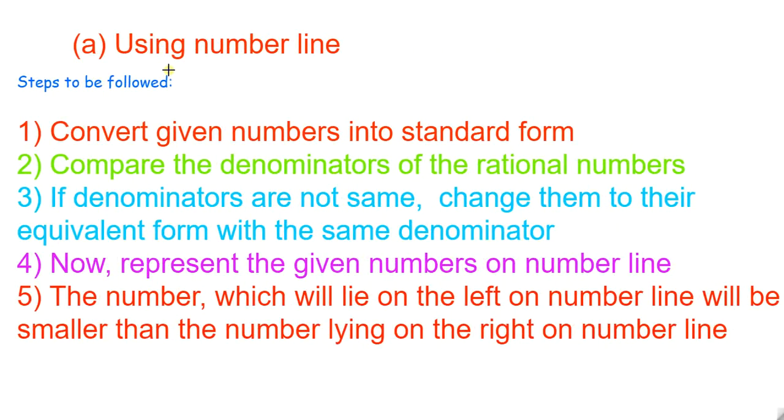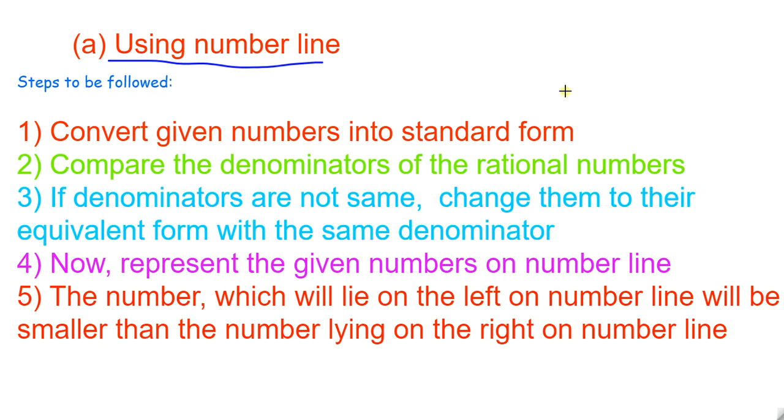So, the first method is by using a number line when both the given rational numbers are negative. There are a few steps that we can follow. You basically need to understand them. There is no need to memorize them. So, what is the very first step?